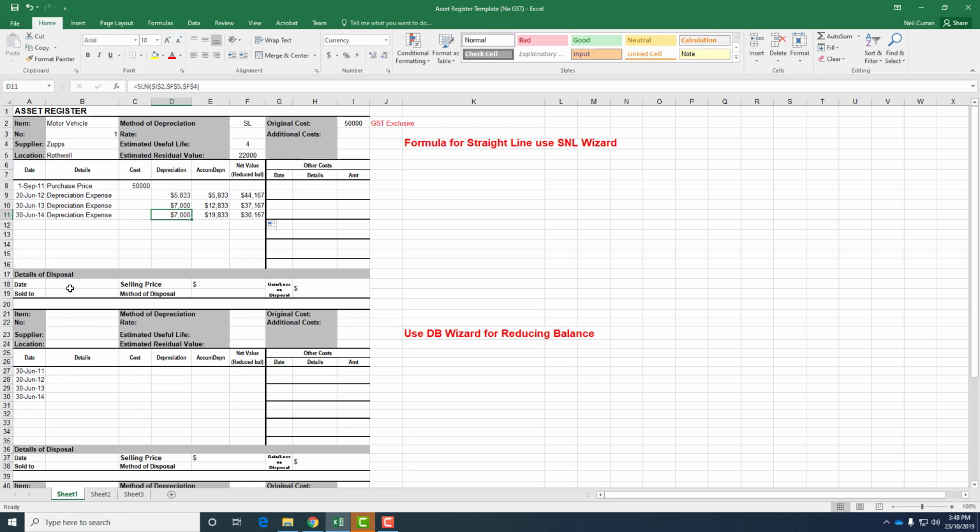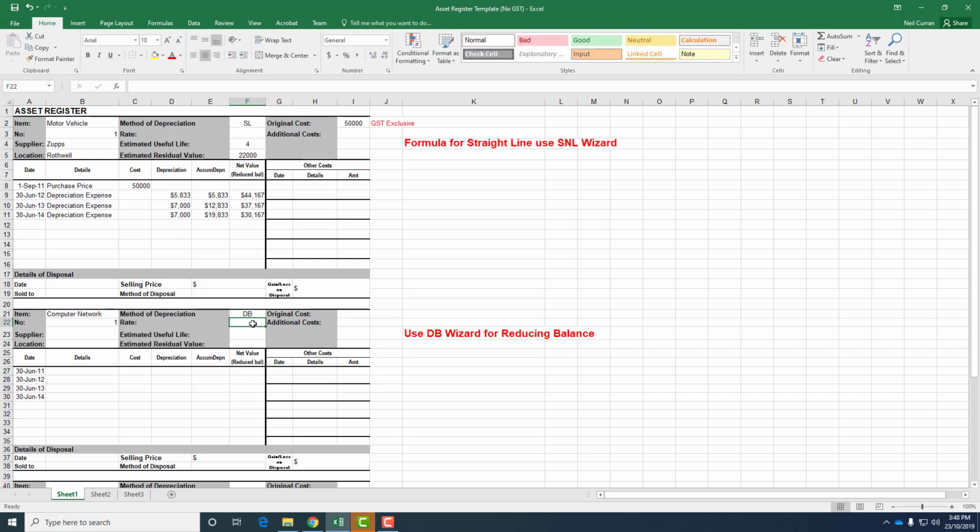So we are going to do this one now. We are going to use the same information, and this information will be as per your student booklet. Okay, so we are going to use here a computer network. First one, don't worry about supplier. Method of depreciation is diminishing balance.